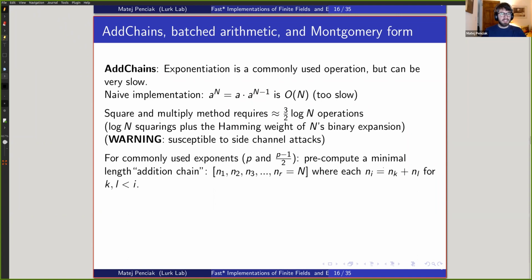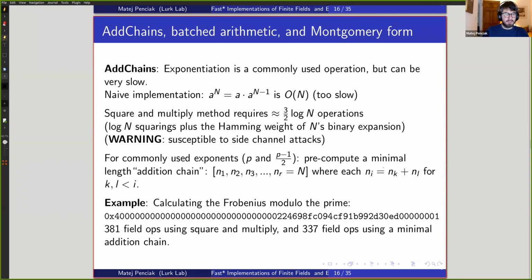And so if you can write an addition chain for n in this way and find one that's minimal, then you can build up an exponential of a to the n in terms of field operations, which are exactly of length the addition chain that you've generated.